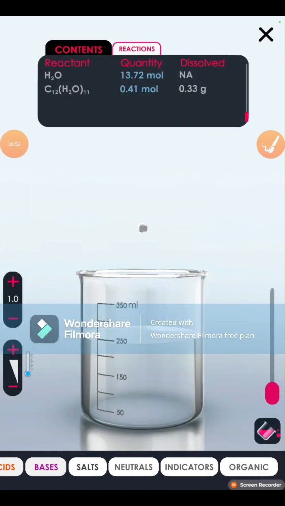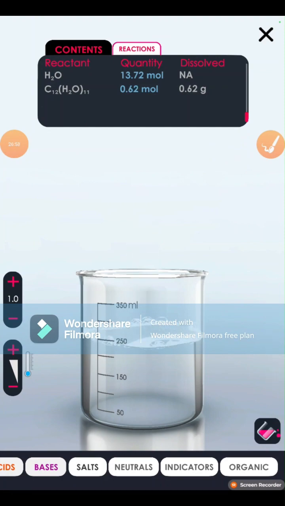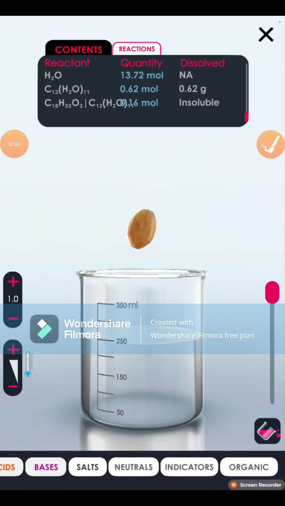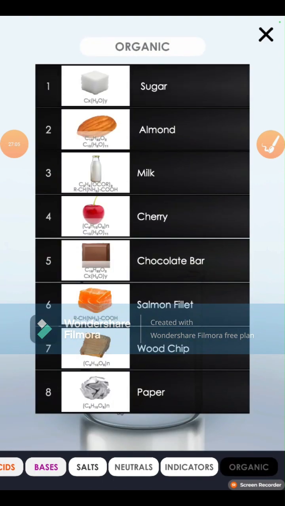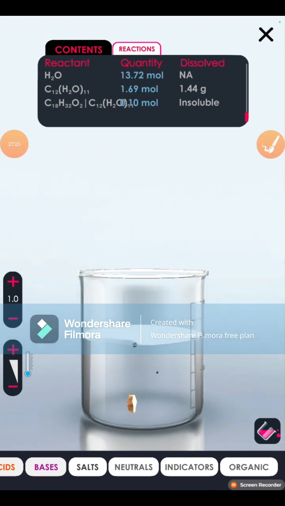Now add more. Sorry, don't add this. It will not dissolve. Now let's add more. It's still dissolving. More. As you can see, it stops dissolving.